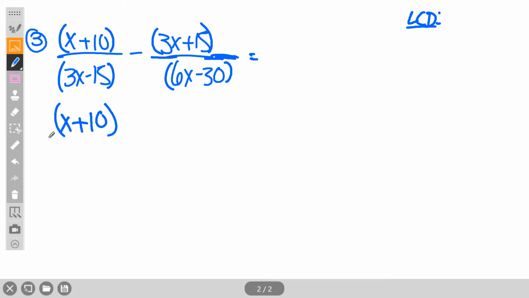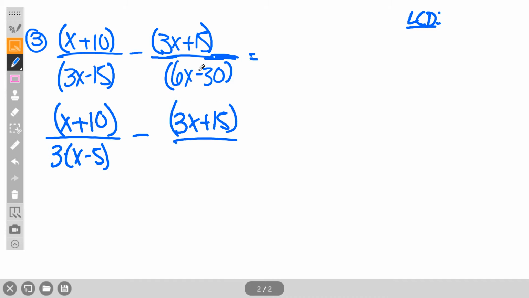So 3x minus 15, I can factor out a 3 and get x minus 5. I'm going to leave the numerator as 3x plus 15. We only factor the denominators. I can factor a 6 out of this, which means I'm factoring out 3 times 2, and I'll be left with x minus 5.